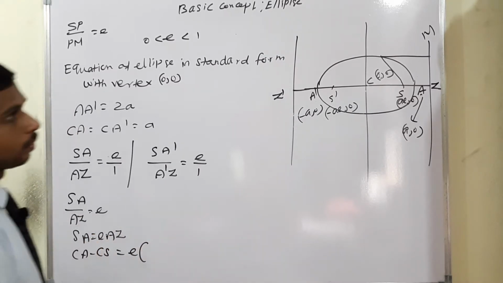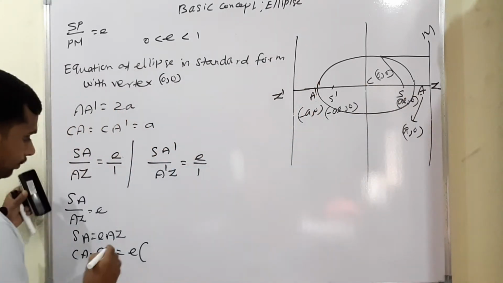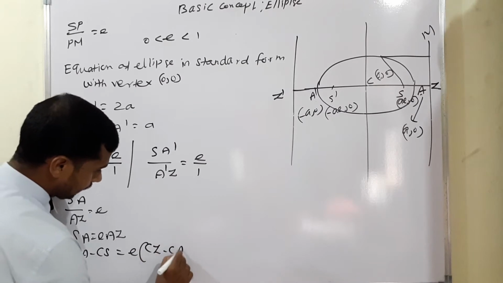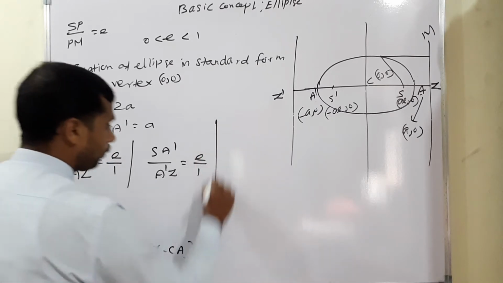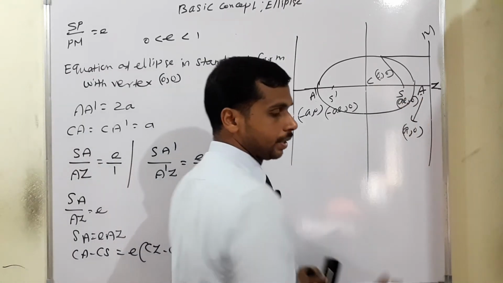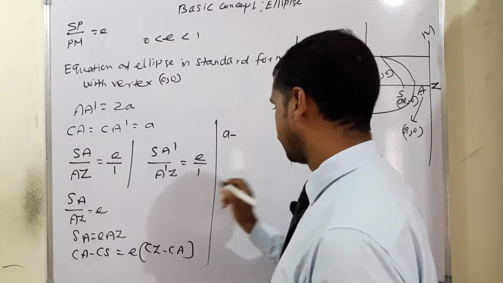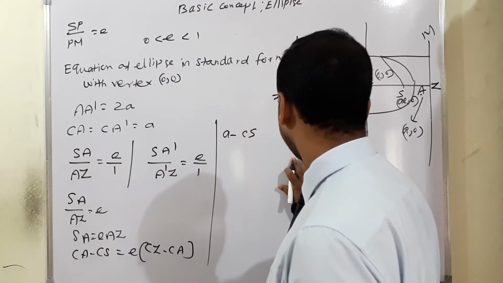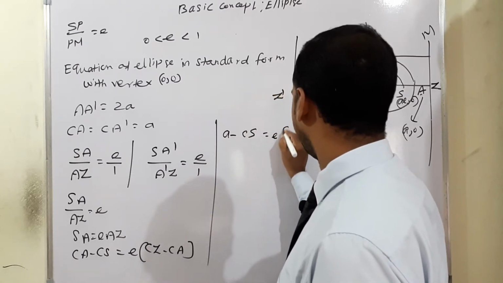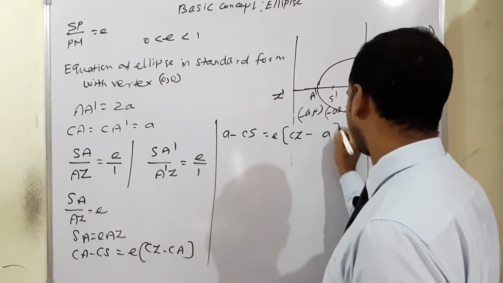Then AZ means CZ minus CA. CZ minus CA. Therefore, already we know CA is the point a comma 0. Therefore, we can take CA as a, minus CS as it is. Now equal to e outside, then CZ as it is minus CA, that is a.